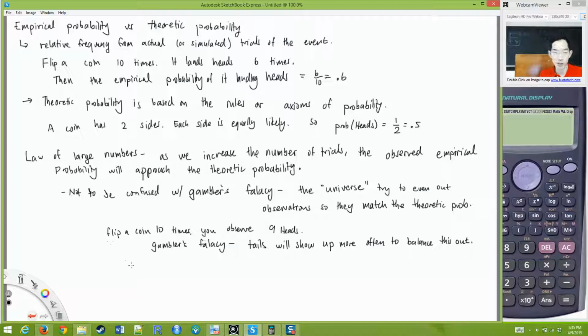Okay, so the law of large numbers, or LLN: no balancing force, just the true probability or theoretic probability will drown out anything unusual that was observed early on, okay?